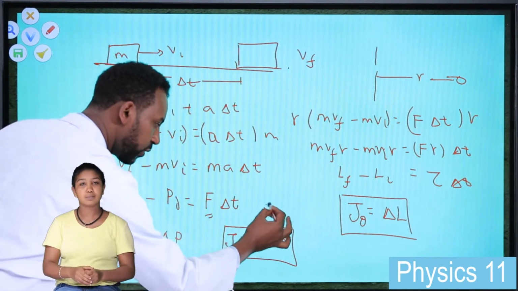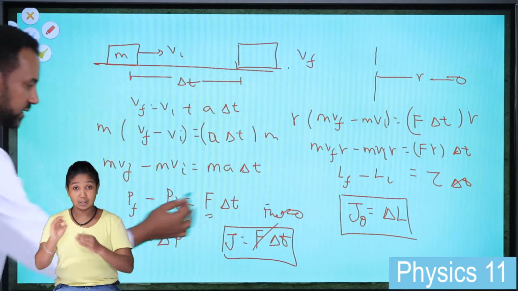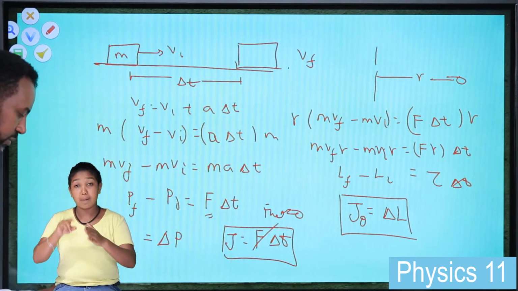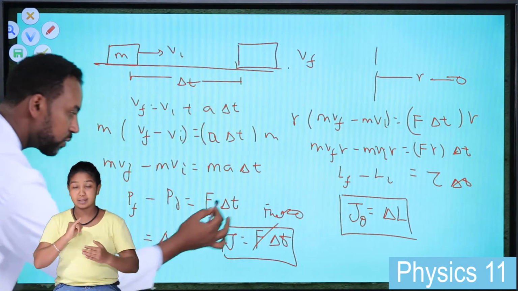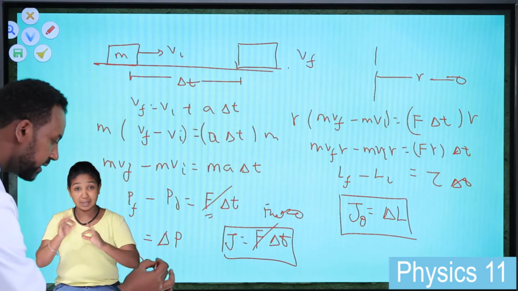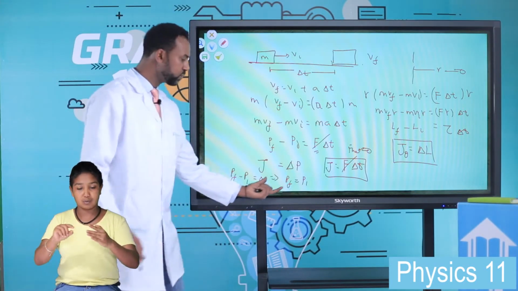When net external force is 0, it's possible to say that the linear momentum final minus the linear momentum initial is equal to 0. Meaning, the final momentum is equal to the initial momentum.